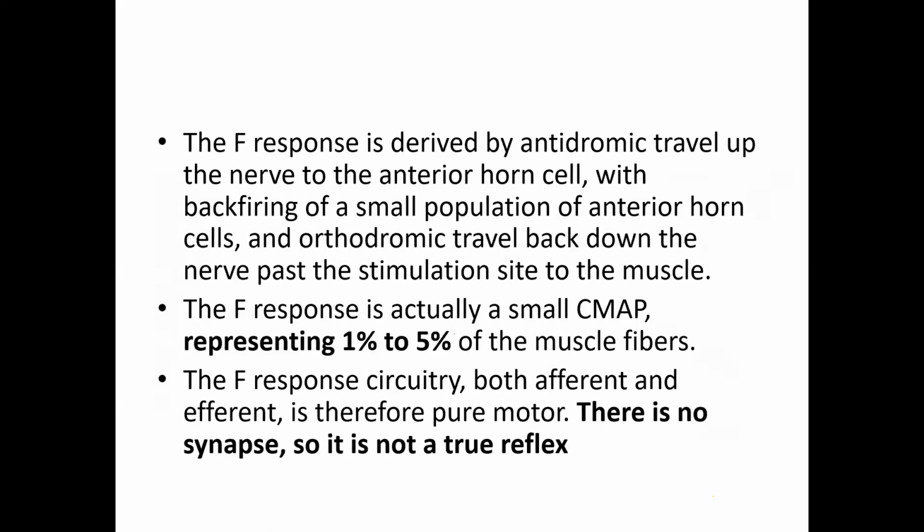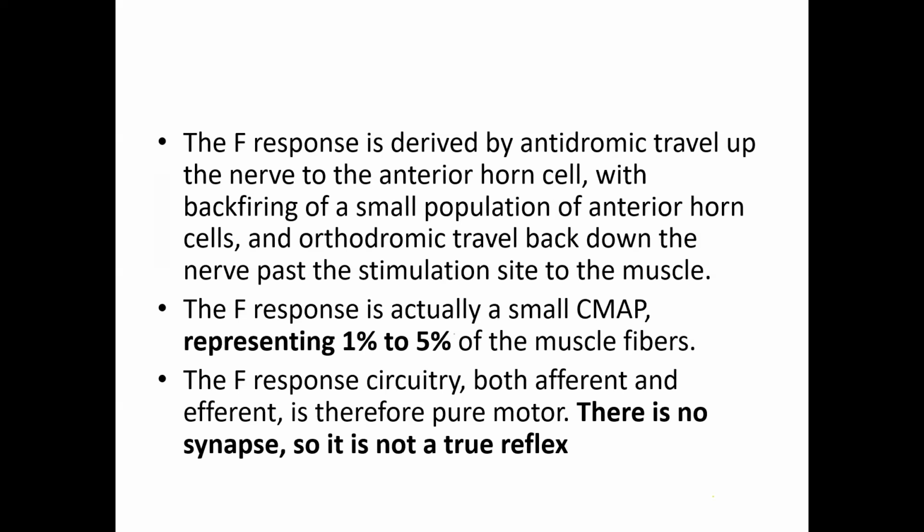The F response is derived by antidromic travel up the nerve to the anterior horn cell, with backfiring of a small population of anterior horn cells, and orthodromic travel back down the nerve past the stimulation site and ultimately to the muscle. So the F response is a small CMAP representing 1 to 5% of the muscle fibers. The F response circuitry, both afferent and efferent, is therefore pure motor.